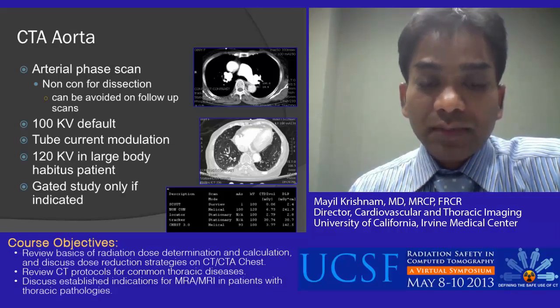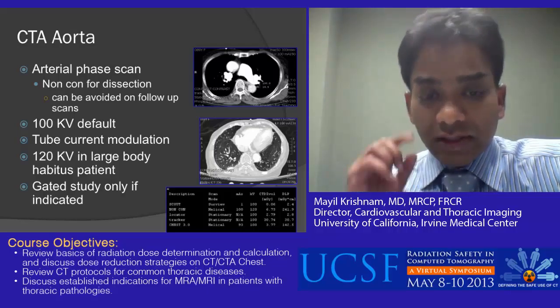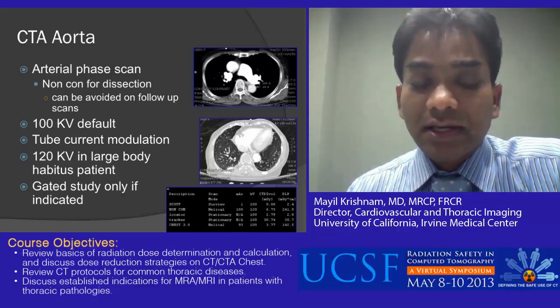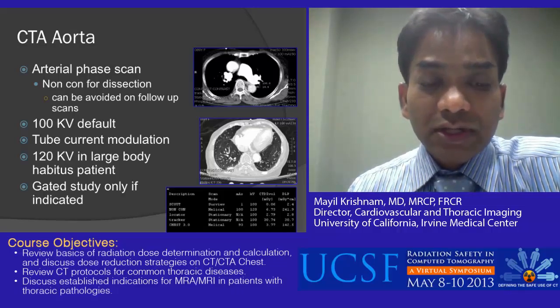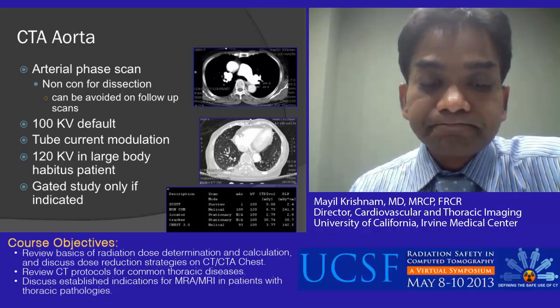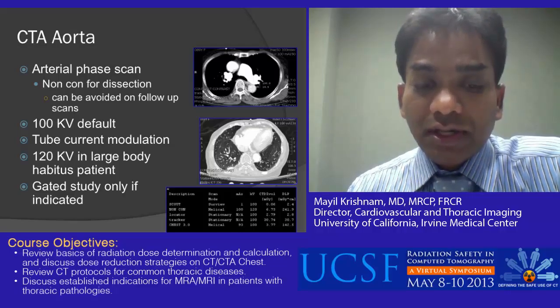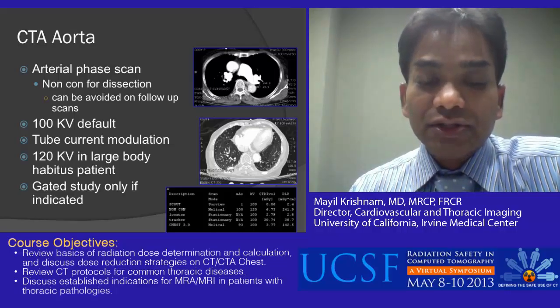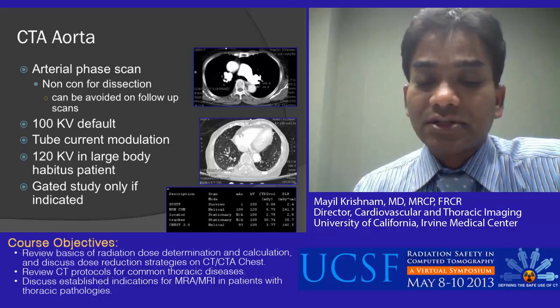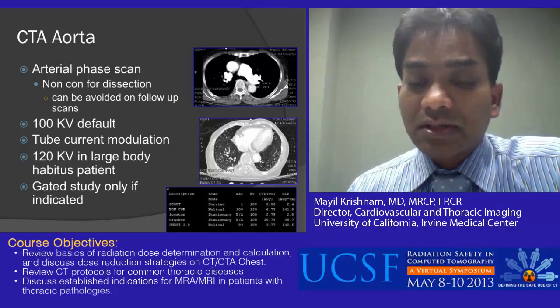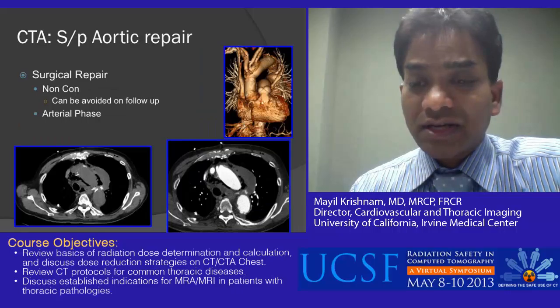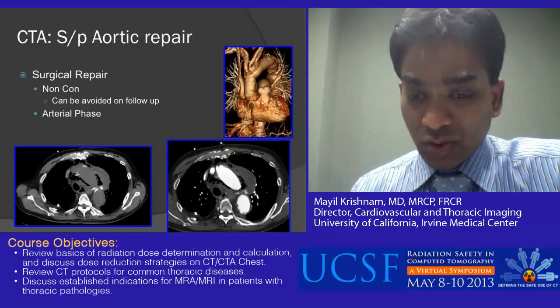However, for follow-up scans on patients with a dissection, we can avoid a non-contrast scan unless there is any intervention. We should routinely perform 100 kV technique on these studies unless the patient has a large body habitus, and we should use other dose reduction strategies including tube current modulation and iterative reconstruction. Images on the right demonstrate a 100 kV technique CT angiogram of the thoracic aorta.